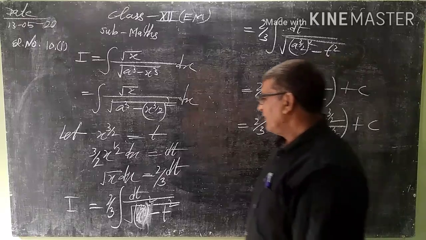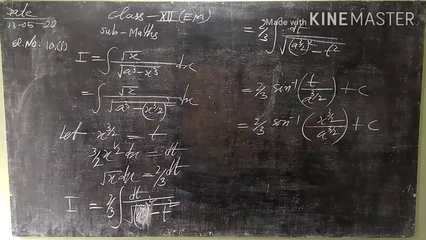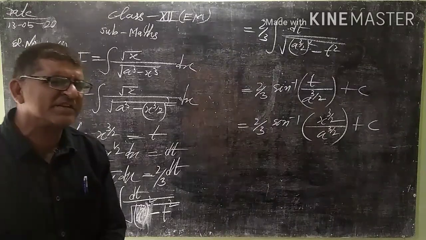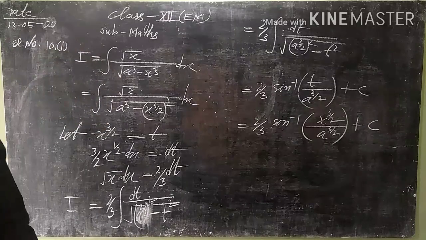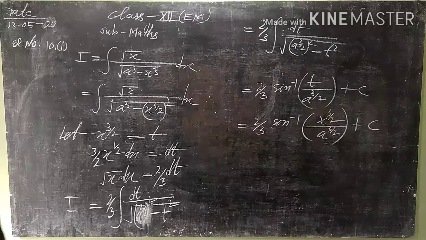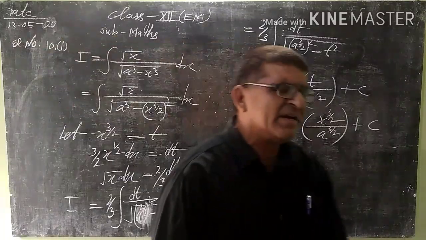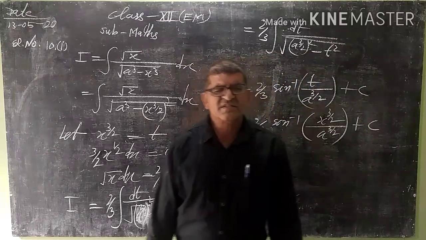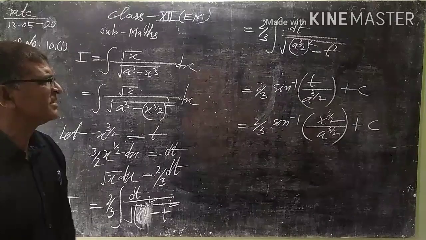Now it has been changed into standard form. What is the formula of this standard form? This is in the form of integration of 1 upon under root a square minus x square dx, which is equal to sine inverse x upon a plus c.